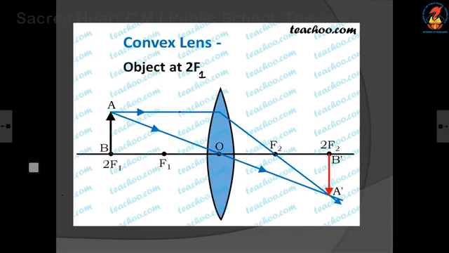Normally you will take the height of the object as 1 centimeter. In all cases, if you draw an object, you can take its height as 1 centimeter. So, here you will get the height of the image as 1 centimeter itself.